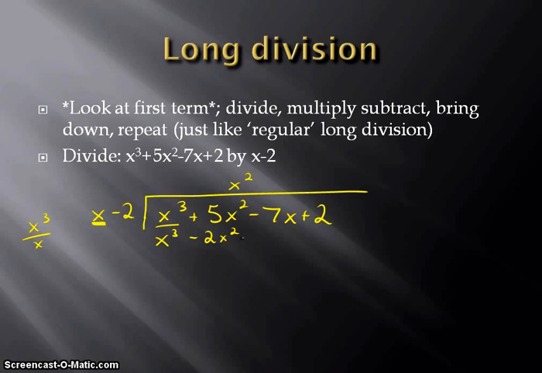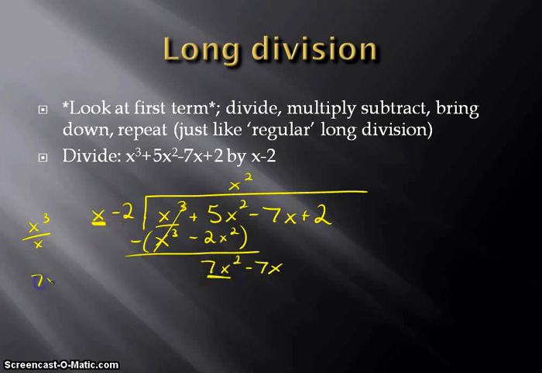Just like with long division way back in the day, we are subtracting all of this. So x cubed minus x cubed is 0, as planned, and 5x squared minus negative 2x squared is 7x squared. We'll drop down our next term, and then, again, we're going to look at this 7x squared in our x.